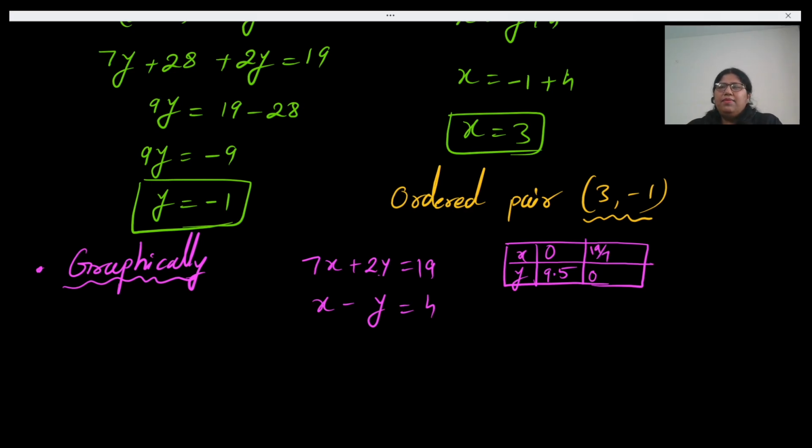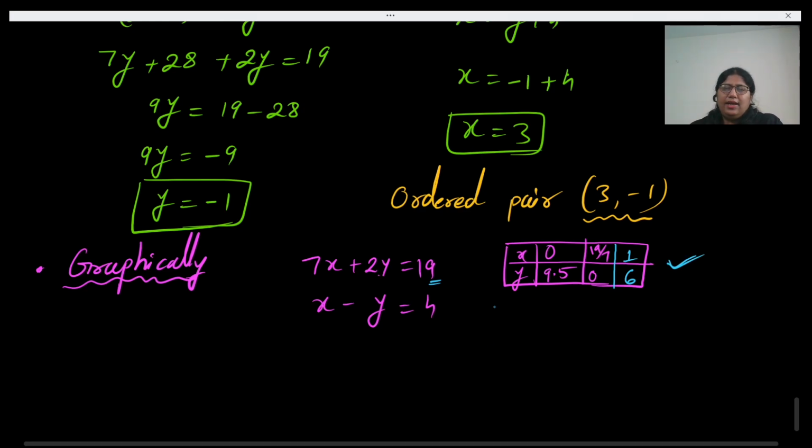Because 19 by 7 is not a value which we can easily plot, I can take any other value so that you are able to get a feasible answer. If I substitute x as 1, 7 ones are 7, then 19 minus 7 is 12, so the y value will be 6, right? These three values you can put on your graph to get a straight line.